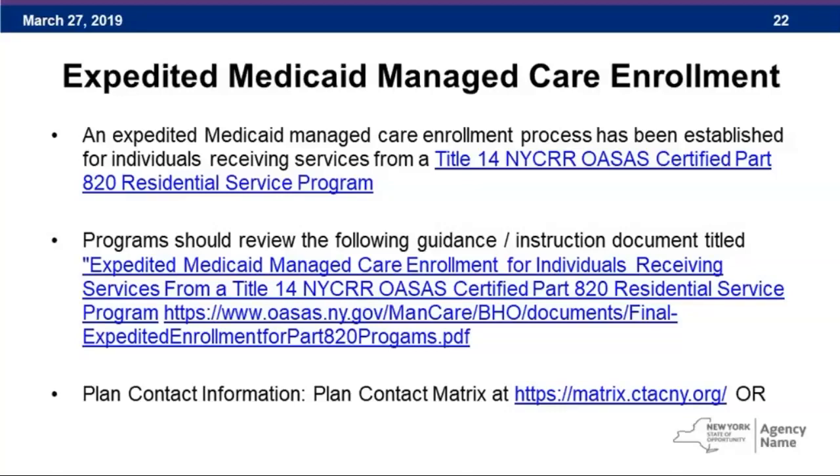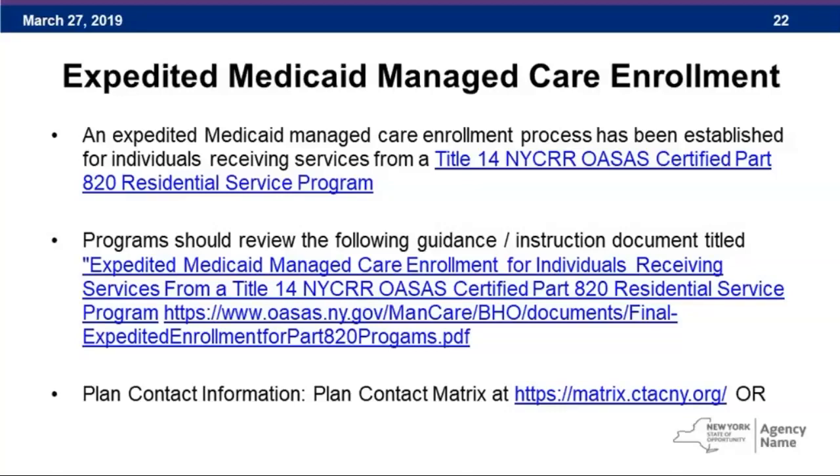So what OASAS, in cooperation with the New York State Department of Health, was able to do was put into place what we're calling an expedited Medicaid managed care enrollment process. So again, as programs are getting ready to understand what's needed to be in place about go live, it's important to understand that for those individuals that come to you with a pre-existing Medicaid number, this is not about expediting the actual review to become Medicaid eligible to begin with.